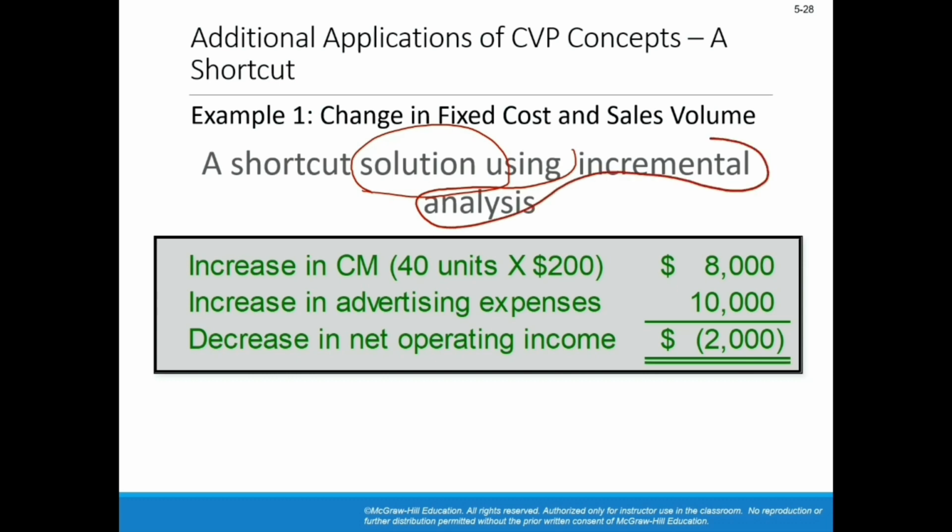So incremental or differential analysis says that your net operating income will increase by $8,000, and this is basically the 40 units multiplied by the unit CM, and it will decline by $10,000, which is the additional advertising expense. Therefore, in total, you will be making a loss of $2,000.